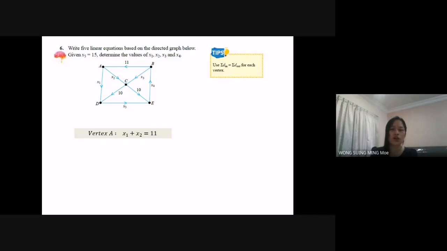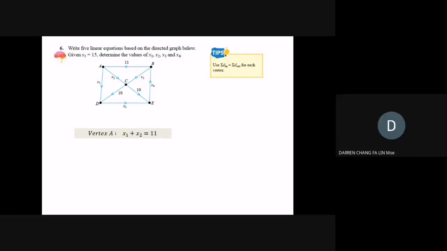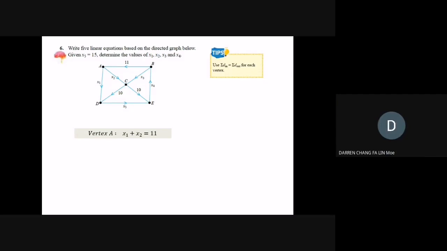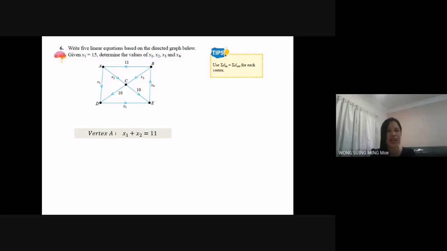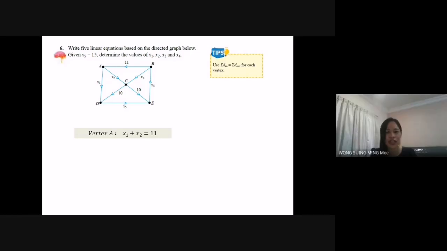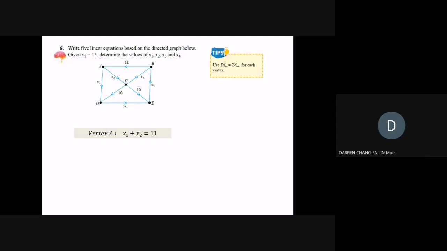Okay, so now vertex B, I need one student to tell me what is the linear equation. Darren, tell me vertex B. What is the linear equation for vertex B? I don't know, teacher. You look at the arrow here. How many in? Which one in? S4.